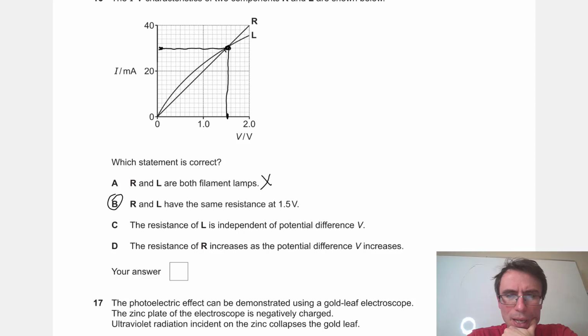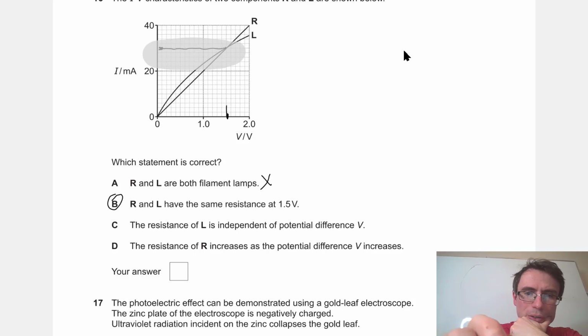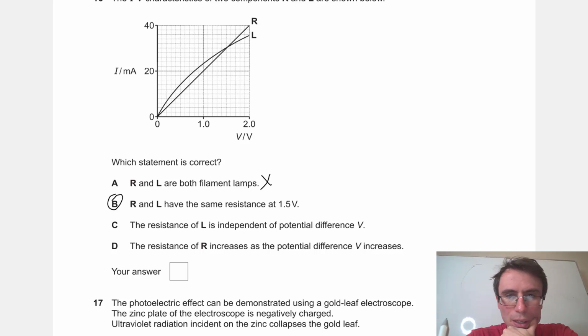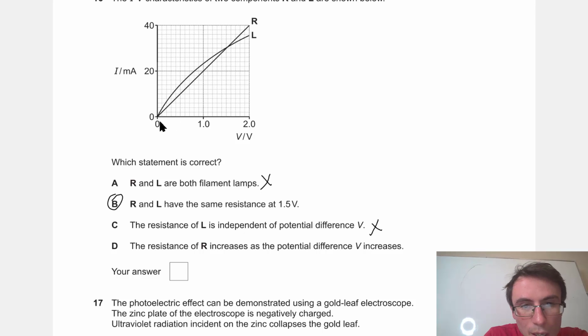The resistance of L is independent of the potential difference V. Nope, that's generally not correct. You can see that the resistance, which is the inverse of the gradient, varies. The resistance of R increases as the potential difference V increases. And that's pretty much a straight line through the origin, isn't it? So that's not correct. Yeah, I'm going to go for B.